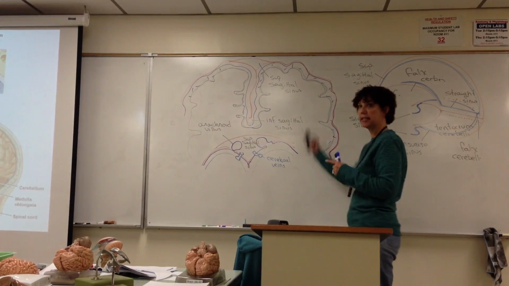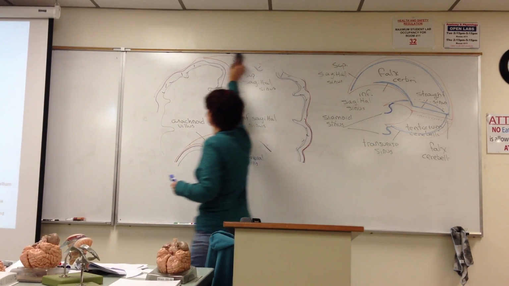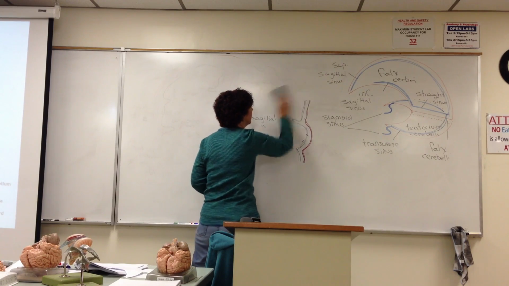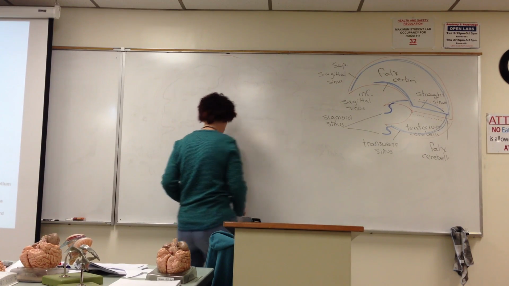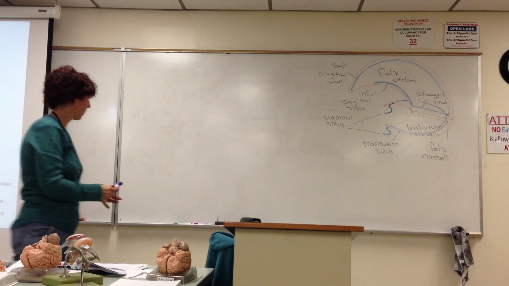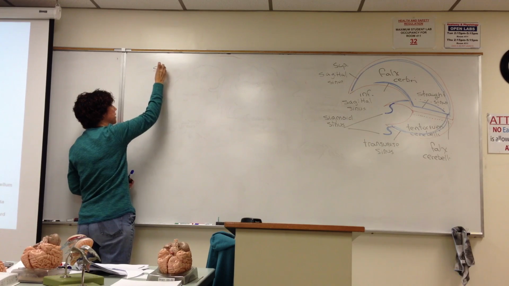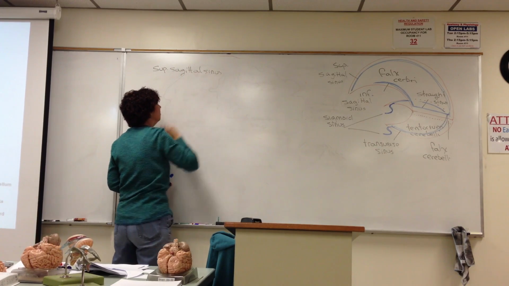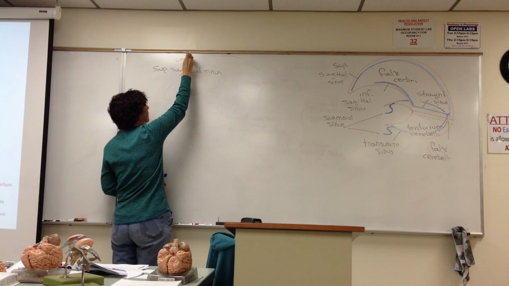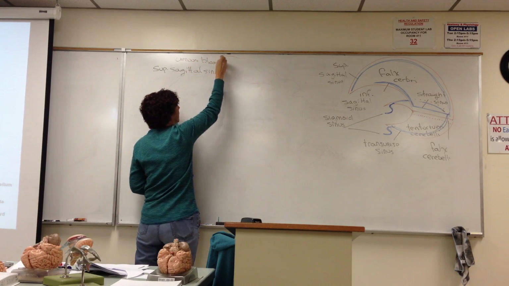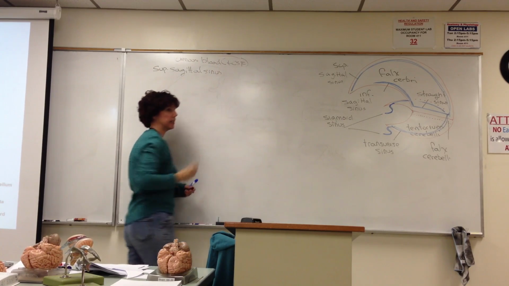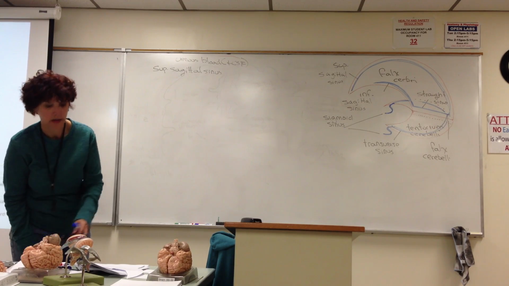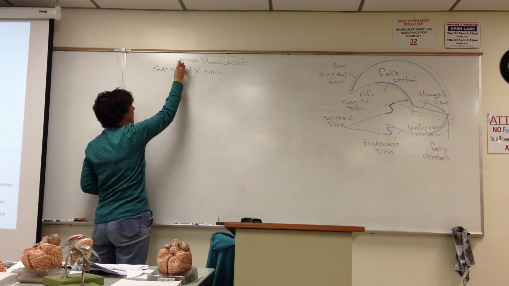So can I erase this picture now? So if we write in sequence, all right, so the blood flow from the superior sagittal sinus, and this would be venous blood plus the cerebrospinal fluid, go into the superior sagittal sinus.